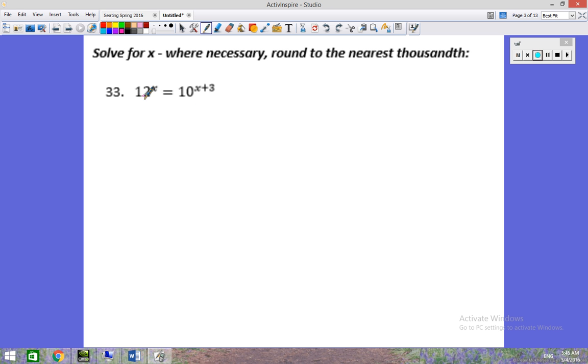So here I would take the common log of both sides. If I take the log on the left-hand side, to balance the equation I have to take the log on the right-hand side. Now remember that a common log, a base 10, is implied.